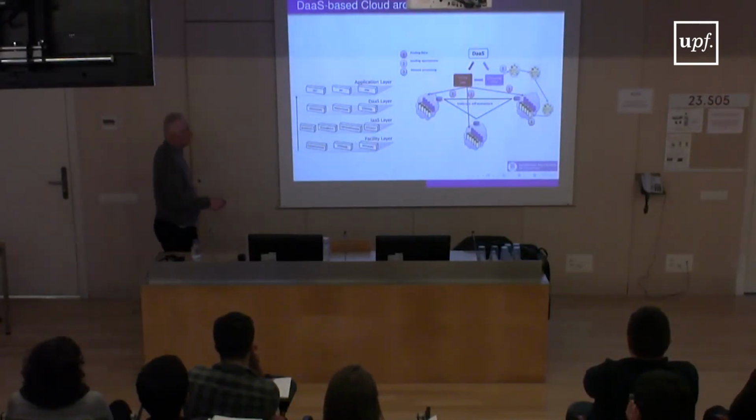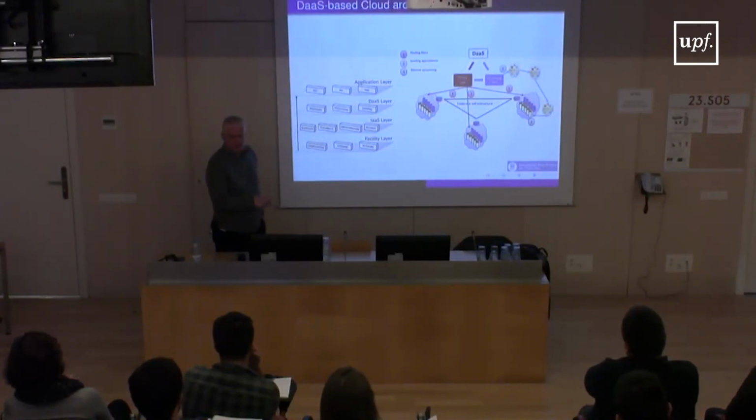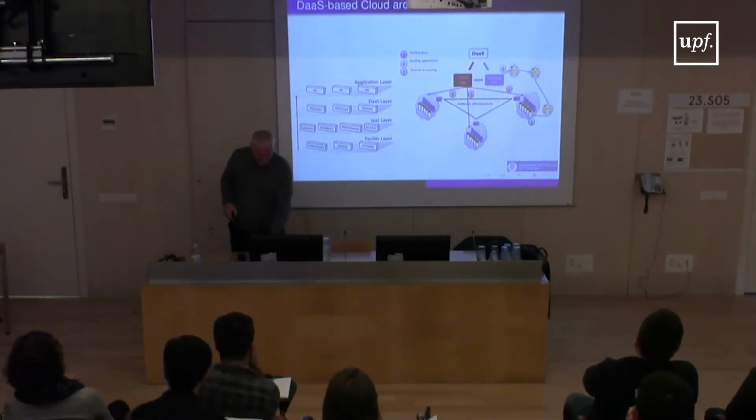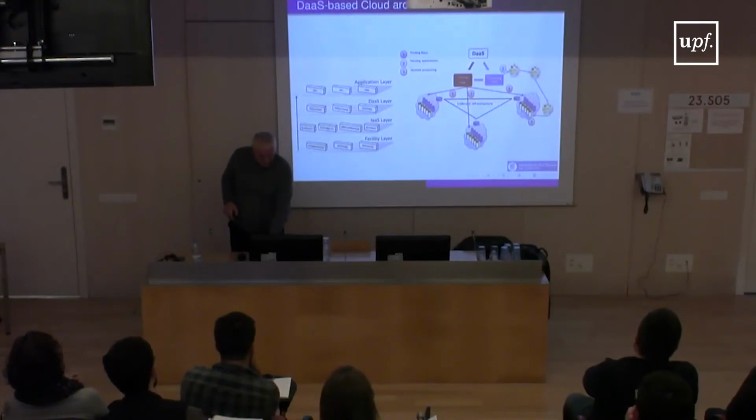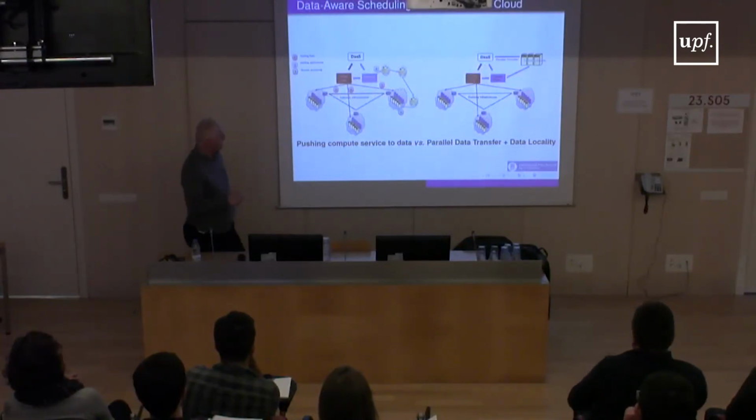But it's not always possible, because assume that the data is here, and what you want to run is a workflow, but it's not possible to run the computing service here. So in that case, you again identify the data.